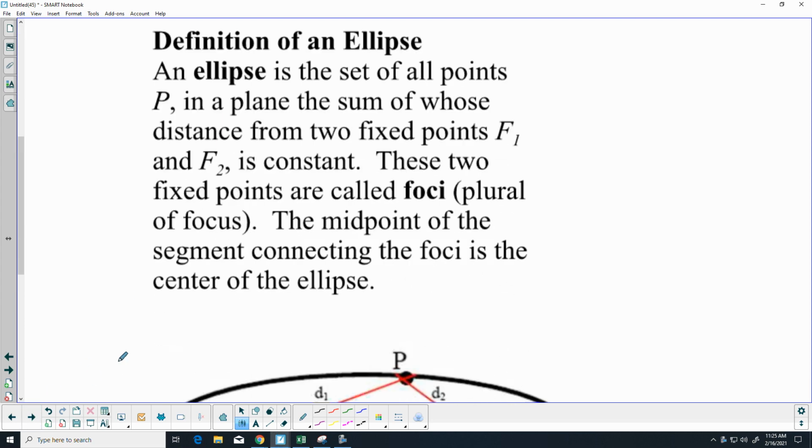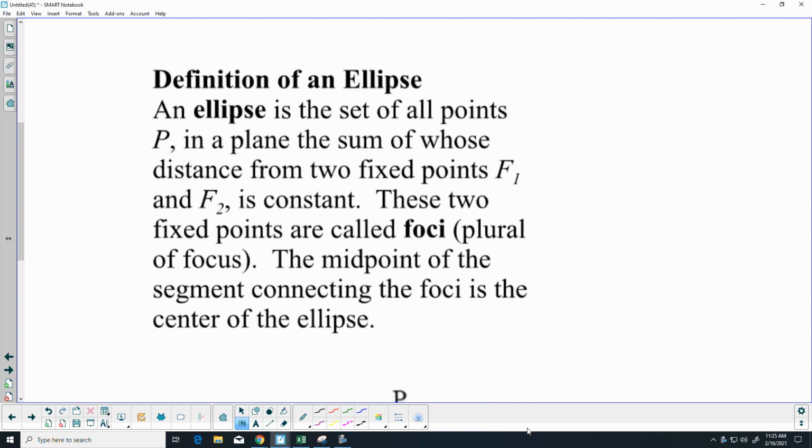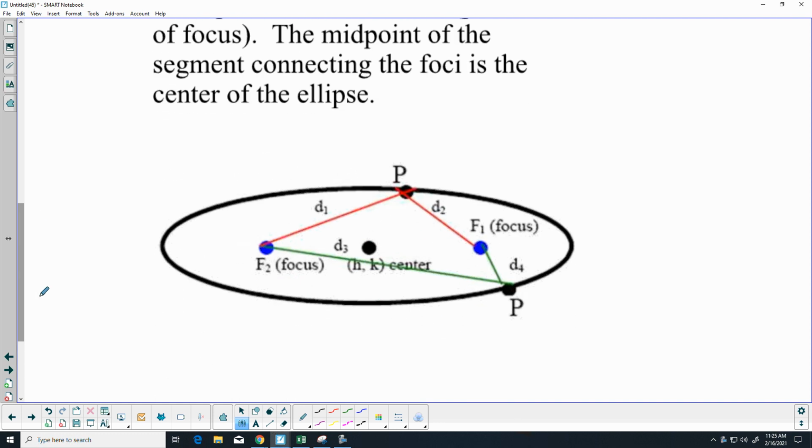So, I will let you read the definition on your own. I'm not going to read to you, but what that really is saying is if I were to add up the red lines, the distance, it is the same as the green lines.